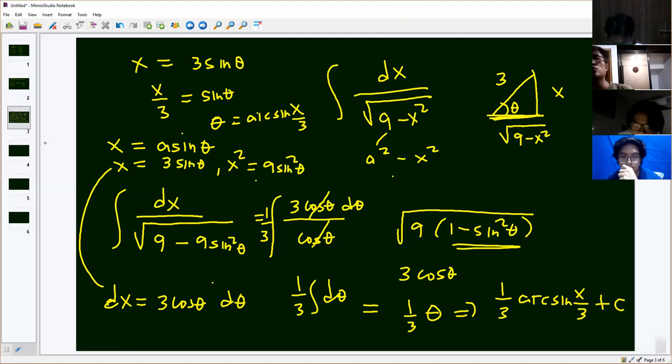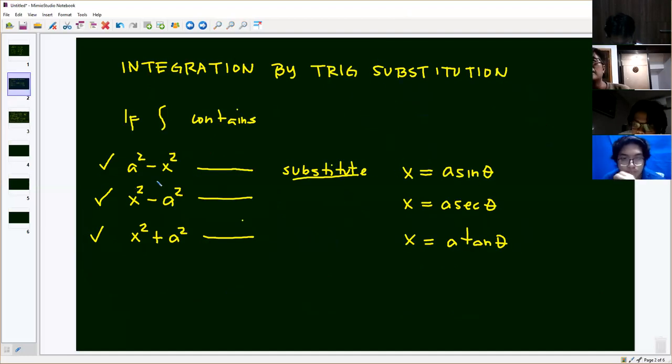Okay? So these that we lined up just take advantage of trigonometric identities.